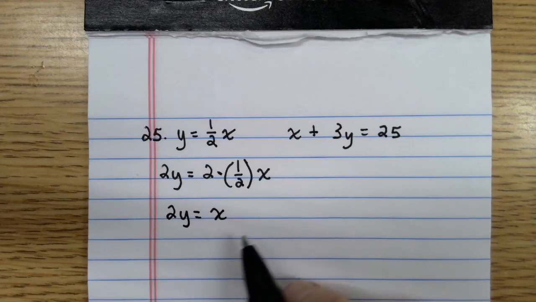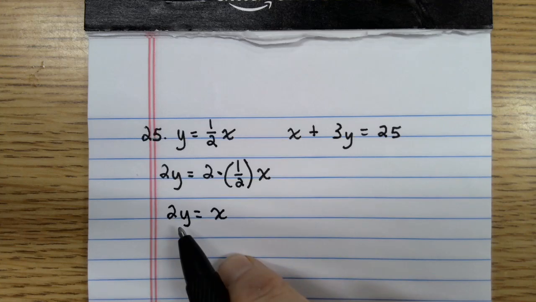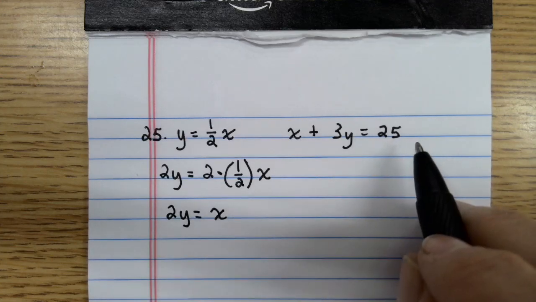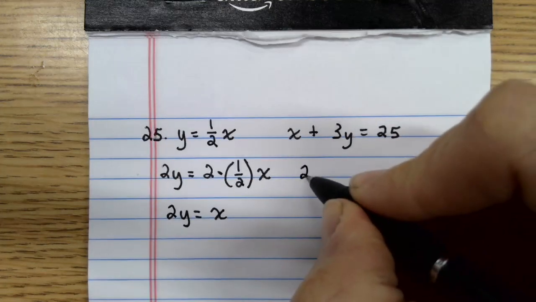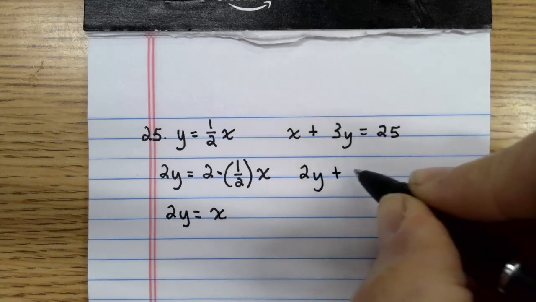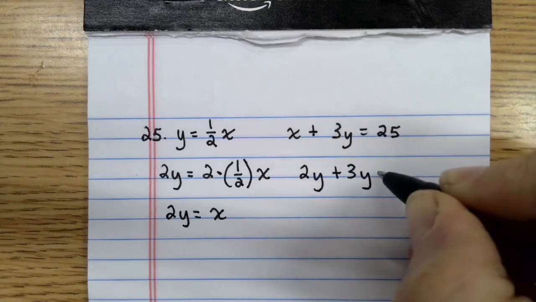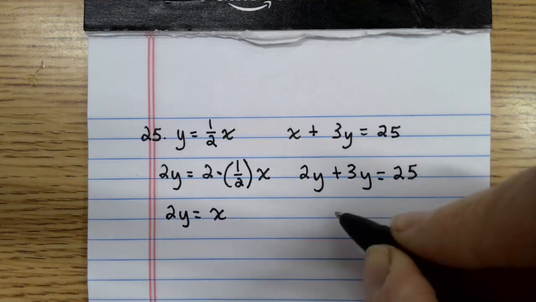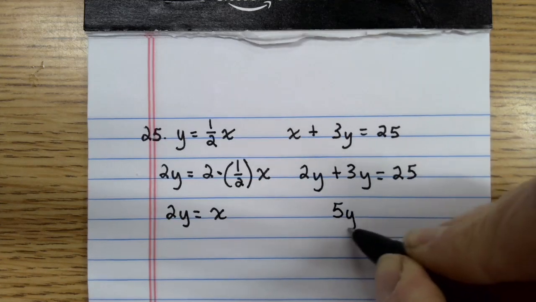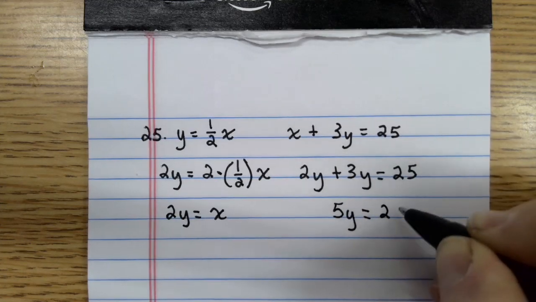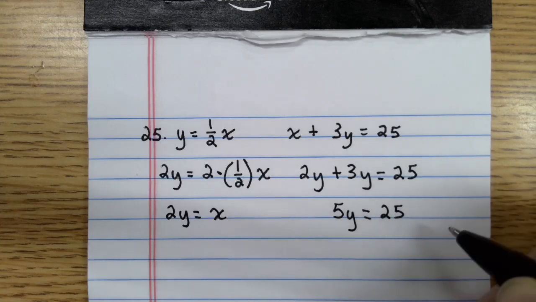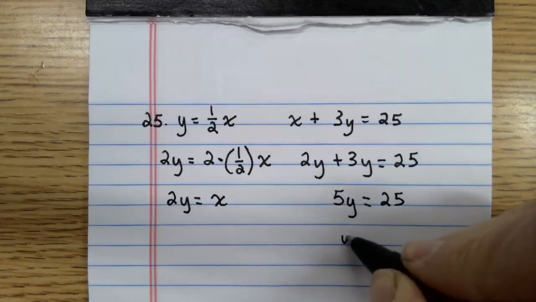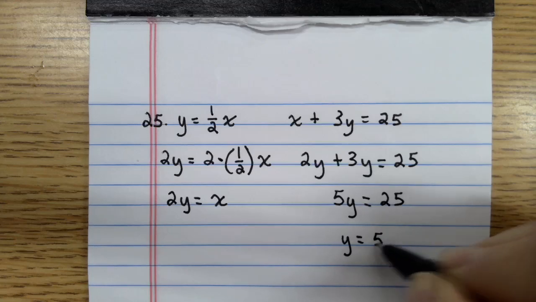I know what x is, 2y, so I can rewrite this equation as 2y plus 3y equals 25. Simplify and get 5y equals 25. Divide both sides by 5, and we get y equals 5.